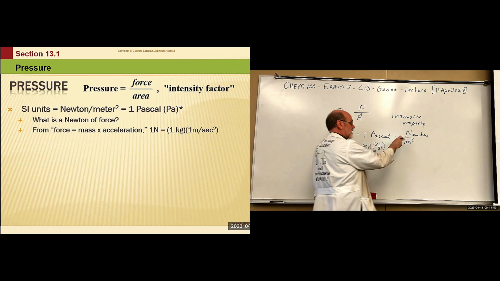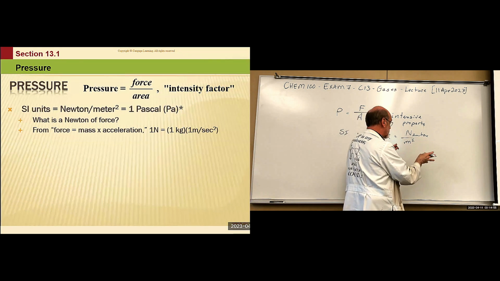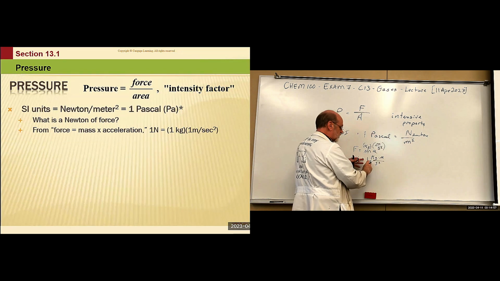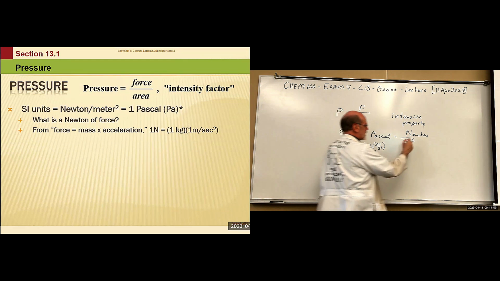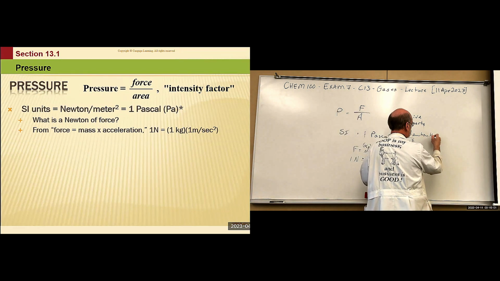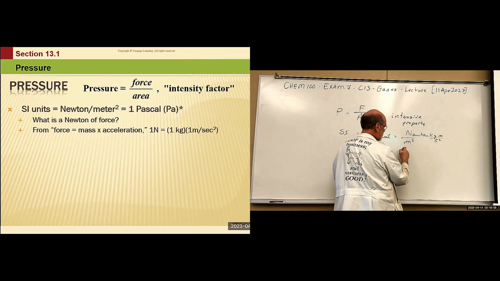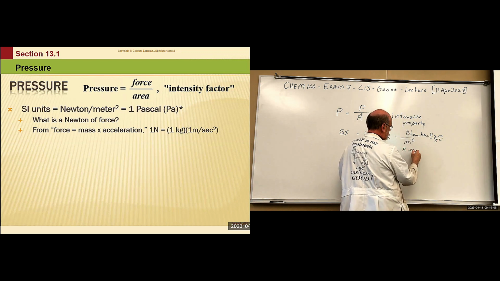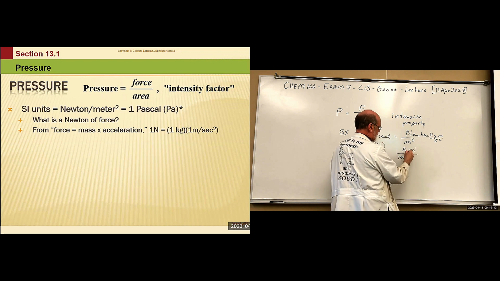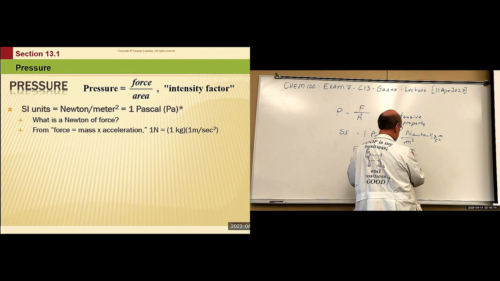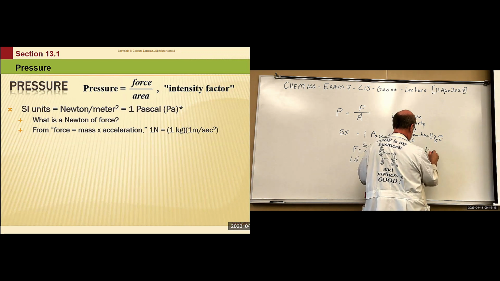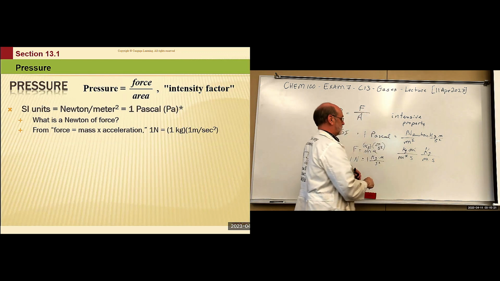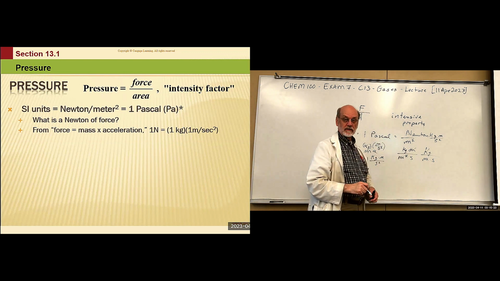So you would need Newton per square meter sometimes, or you may even go all the way down to kilogram meters per second squared instead of a Newton. So that would be kilogram meters per meter squared second squared. This cancels that, that cancels that. So we have kilogram per meter second. Okay, that's a Pascal.